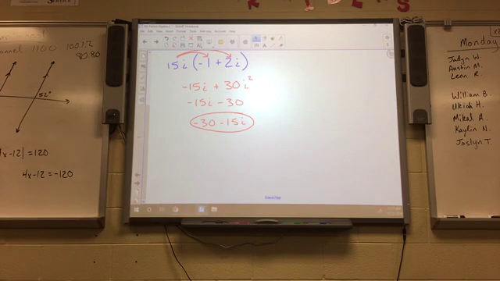No process is different than if you were just distributing something with some other variable like an x until you get to i squared. i squared is equal to -1, so we have to change that to a -1. Not too bad, right? We can handle that. One more like that.